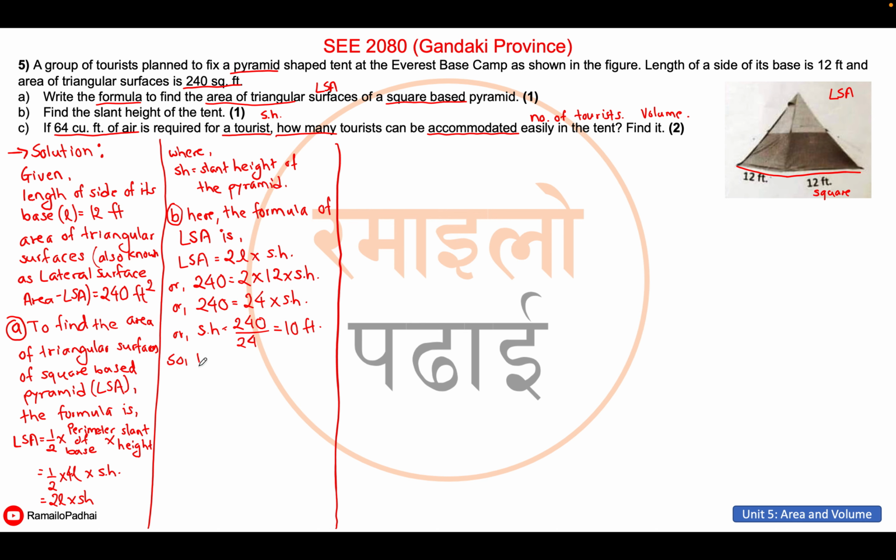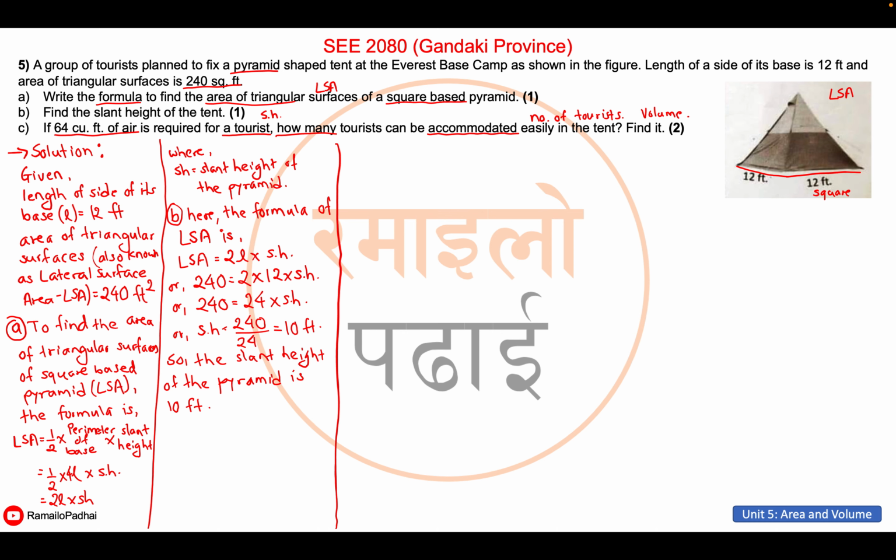So the slant height of the pyramid is 10 feet.